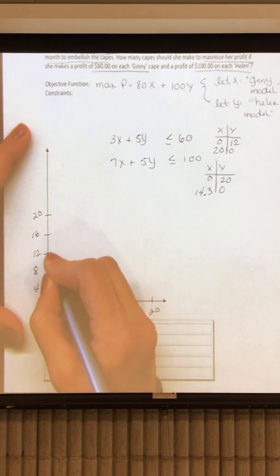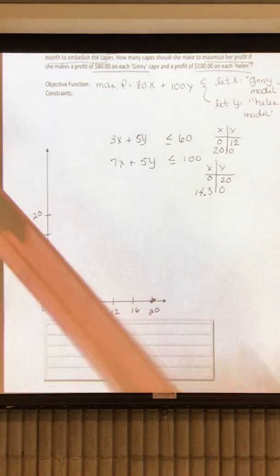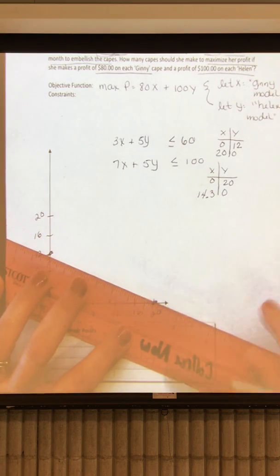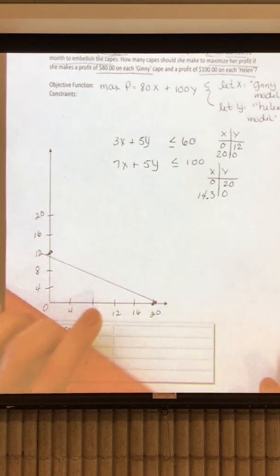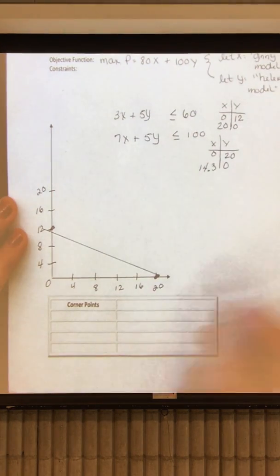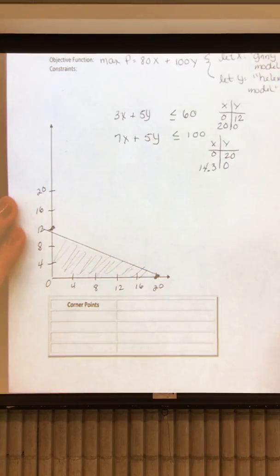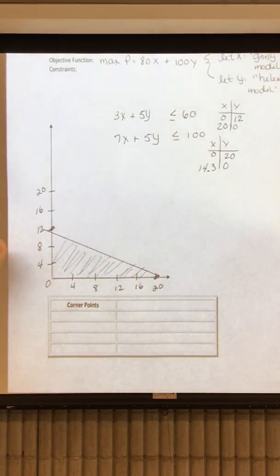Here we have (0, 12) and (20, 0), and this is our first line. Here at most, which is less than or equal to, means that you shade below. Less than is below the line.